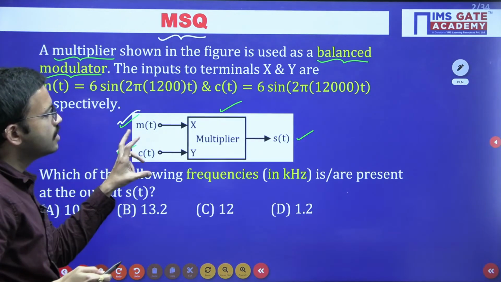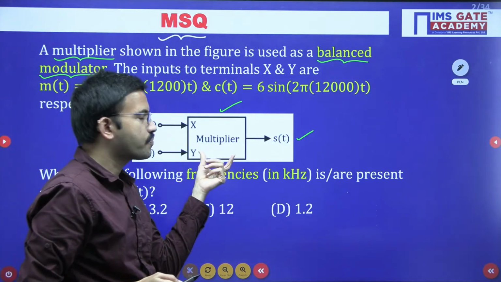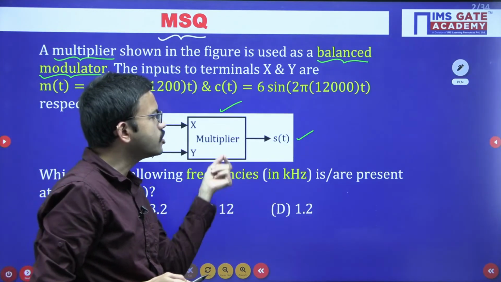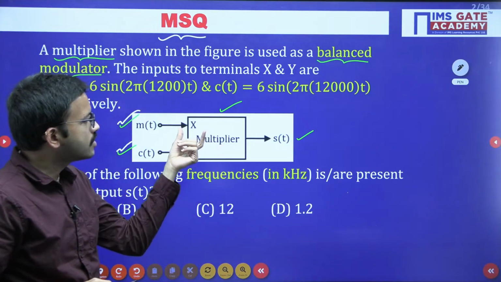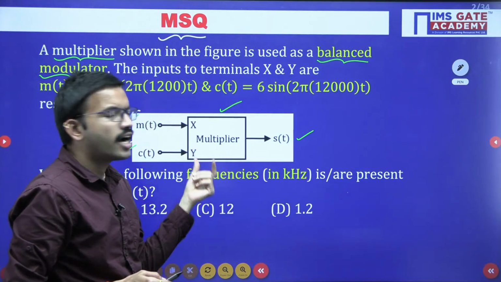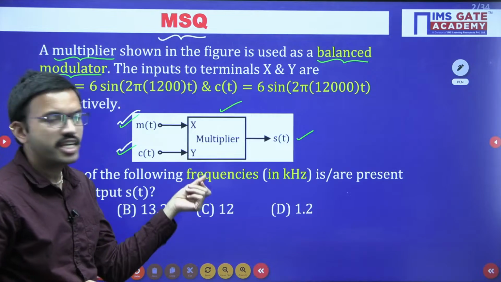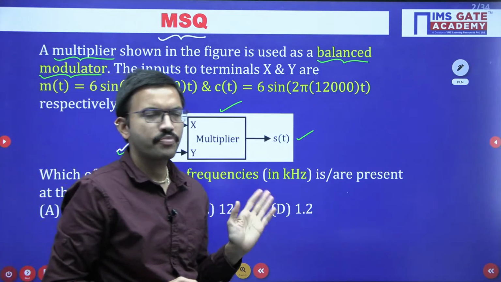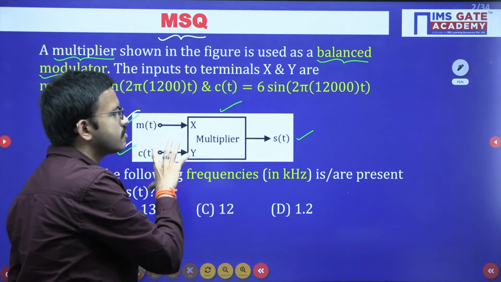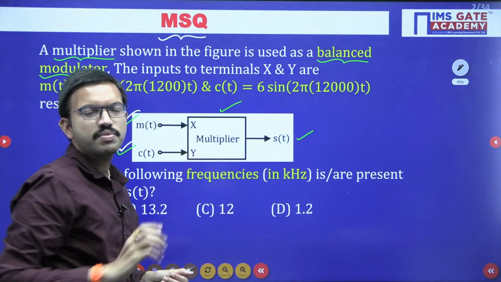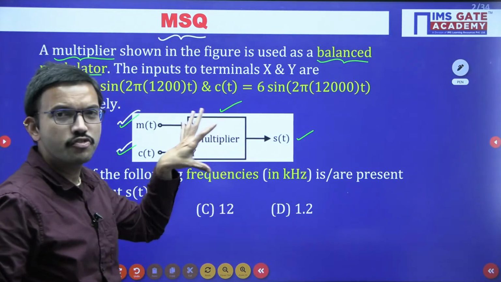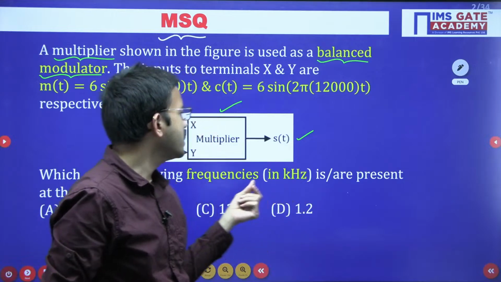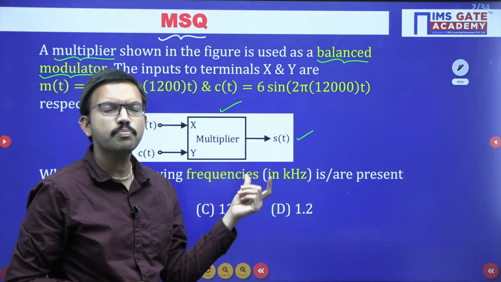That is the reason that, in order to produce DSB-SC, you can have a balanced modulator, a product modulator, or simply a multiplier. All are the same. Whichever circuit is producing the DSB-SC signal, in simple words you can consider it a multiplier or product modulator.